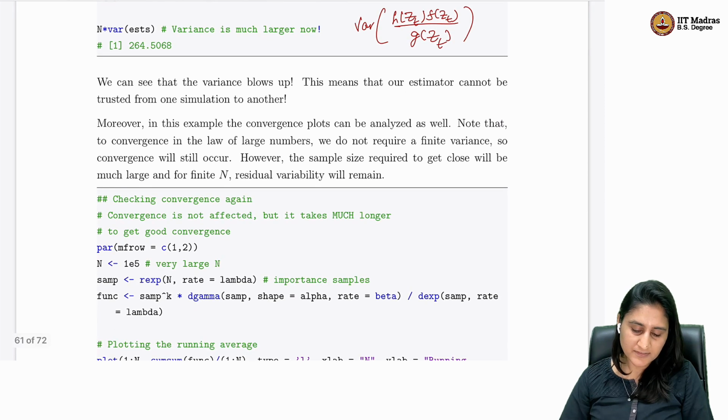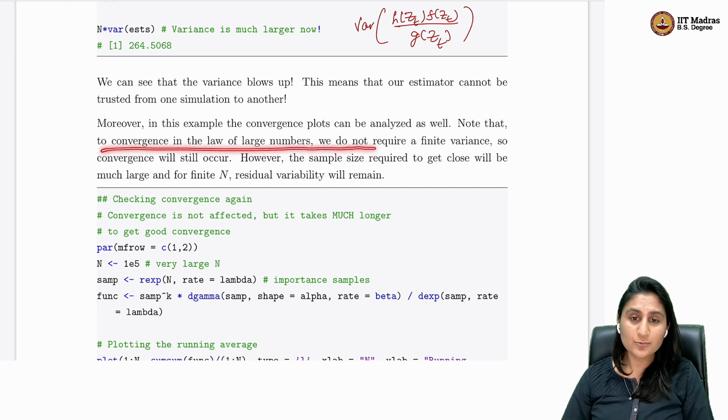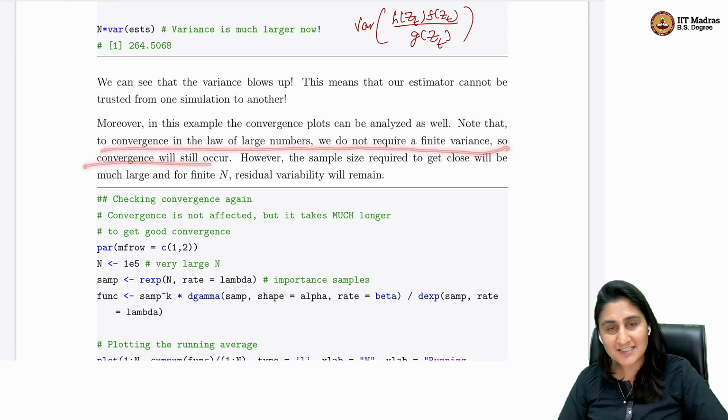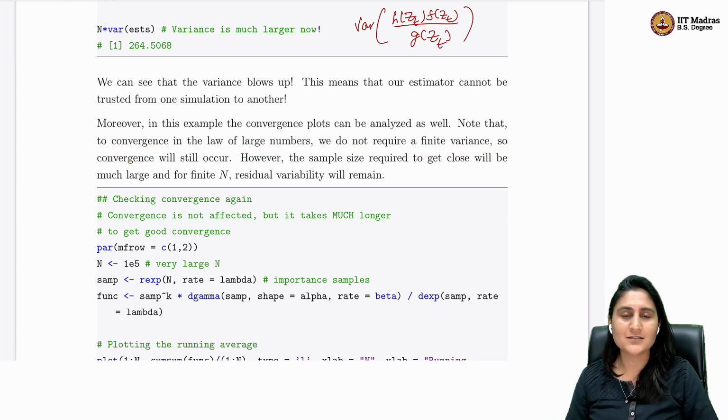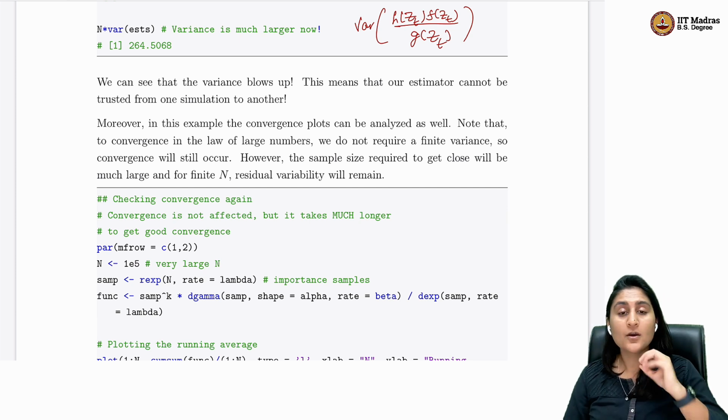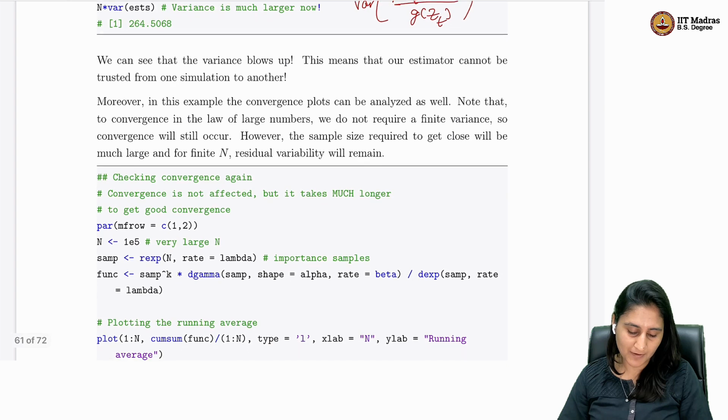Moreover, in this example, the convergence plots can be analyzed as well. Note that for convergence in the law of large numbers, we do not require a finite variance. So the convergence will still happen. Our importance sampling estimator, whether the variance is finite or infinite, will definitely converge to the true quantity. But how many samples it needs to converge will heavily be impacted.